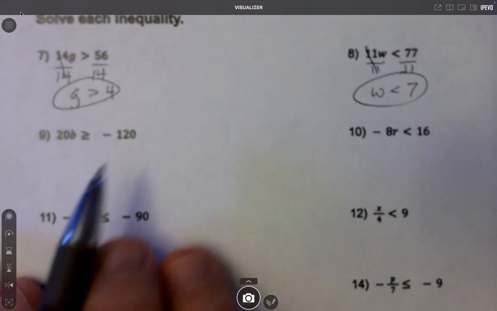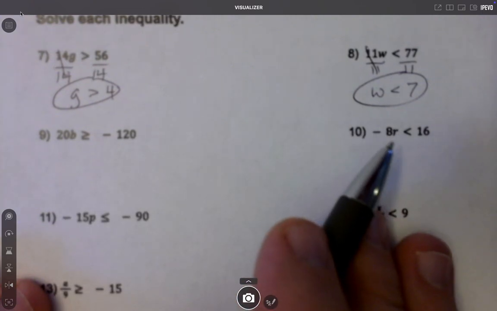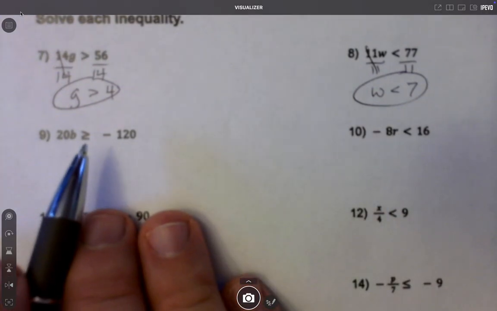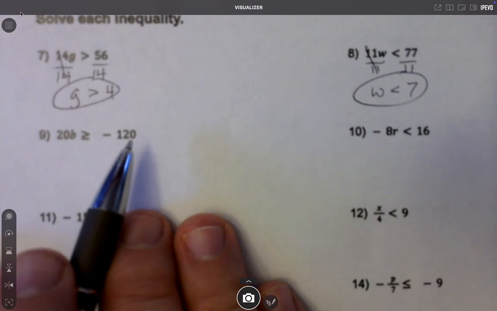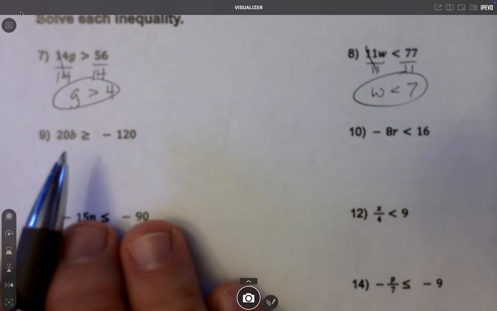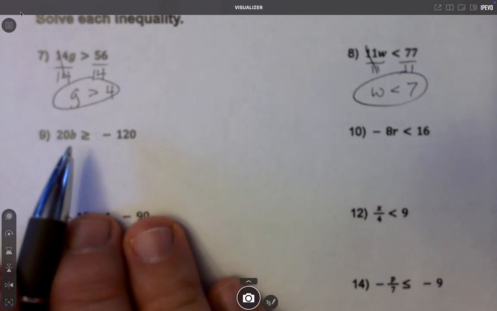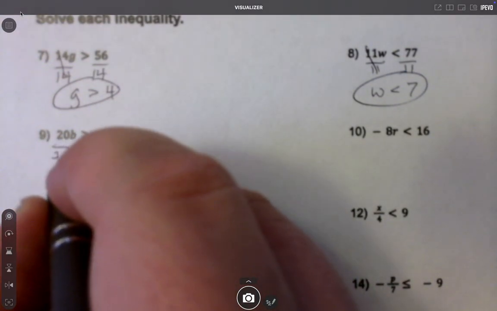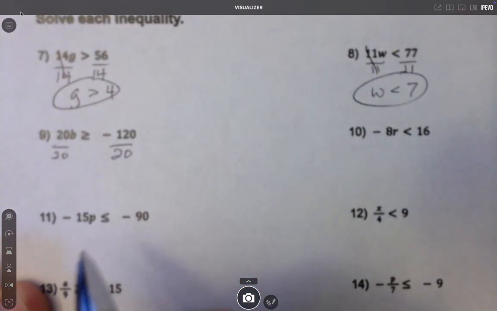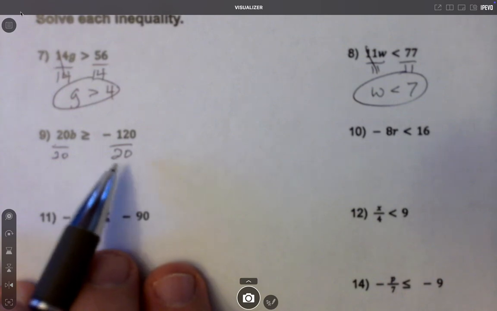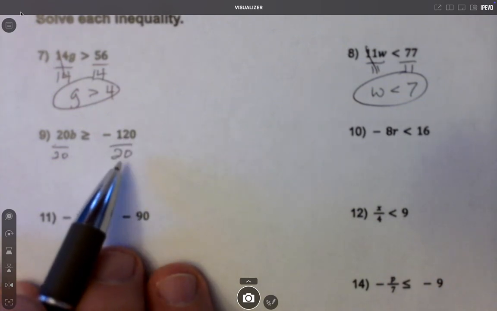Okay, now the difference between number 9 and number 10 is very important to see. So in number 9, we do have a negative number. However, to solve this, what we need to do is divide by 20. So we are not dividing by a negative number. We're dividing this by a positive 20.